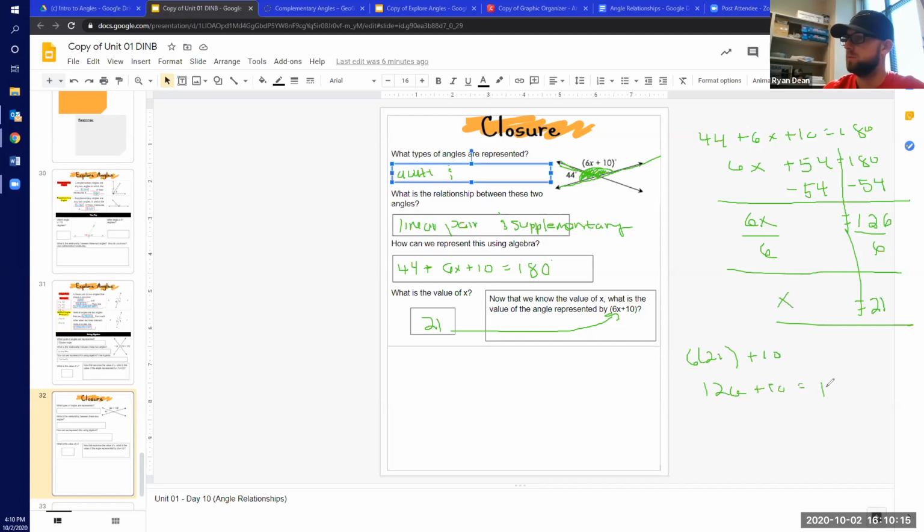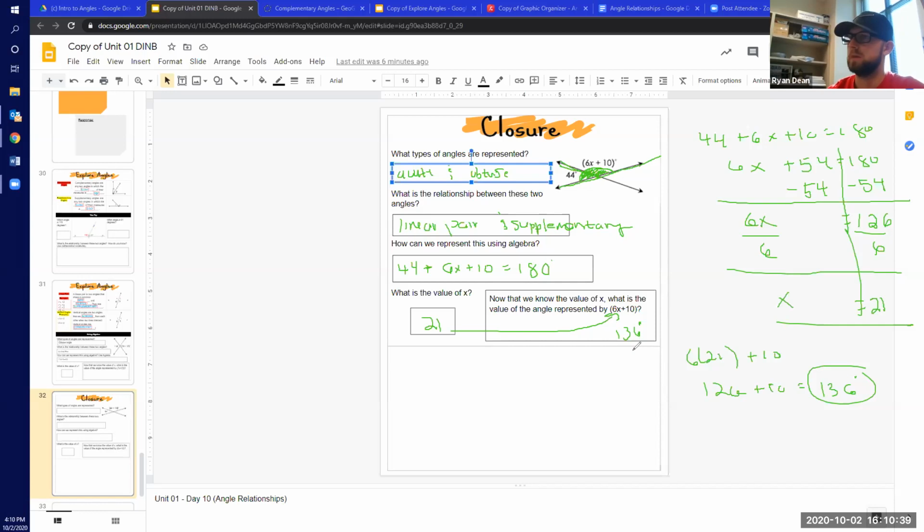Plus 10, that gives me 136 degrees. And we know that obtuse angles are greater than 90 and less than 180. So we did verify that this one is obtuse. The angle is 136 degrees.